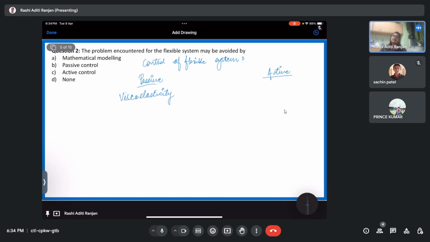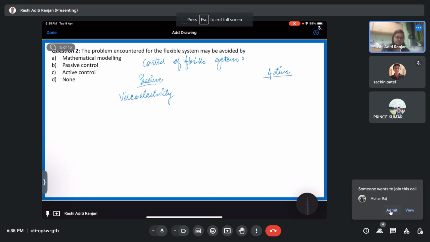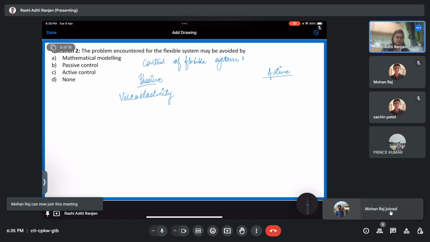So if viscoelasticity is present in the system, what is it going to do? Definitely, it is going to give some amount of damping to the system, correct?